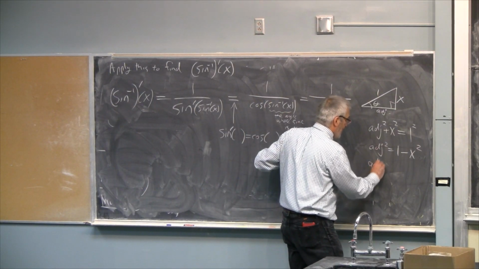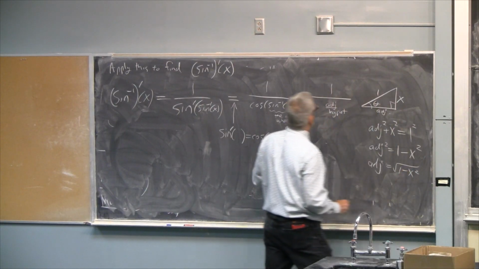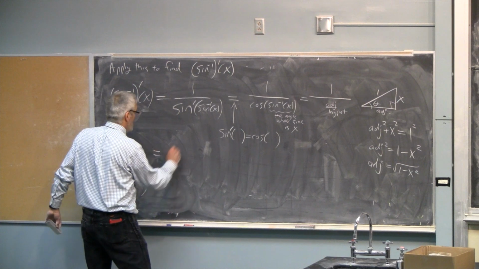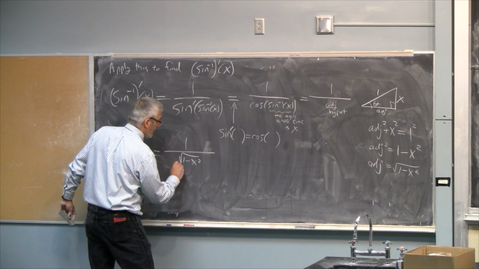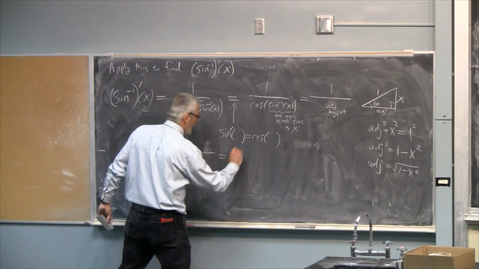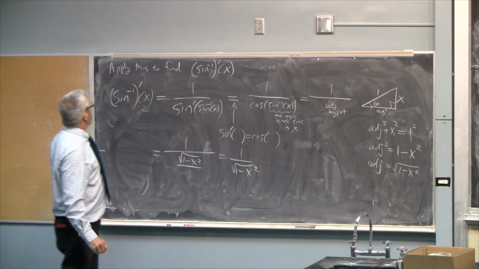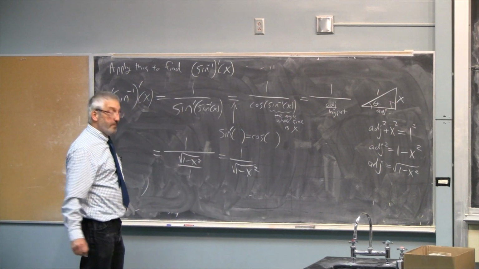So the adjacent side is the square root of 1 minus x squared. So this ends up being 1 over square root of 1 minus x squared over 1, but that 1 in the bottom doesn't matter. So there's our first rule. Sine inverse prime is that.